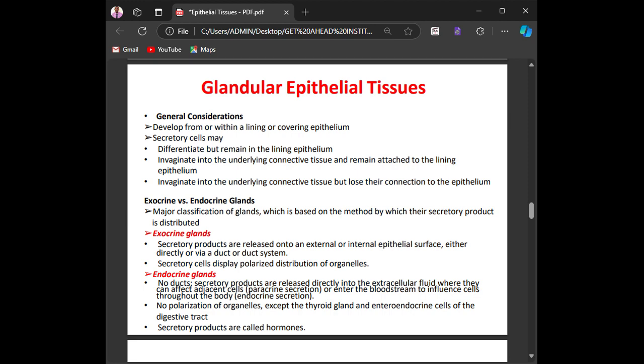Glandular epithelial tissues normally develop from or within a lining or covering epithelium, just like I mentioned earlier.